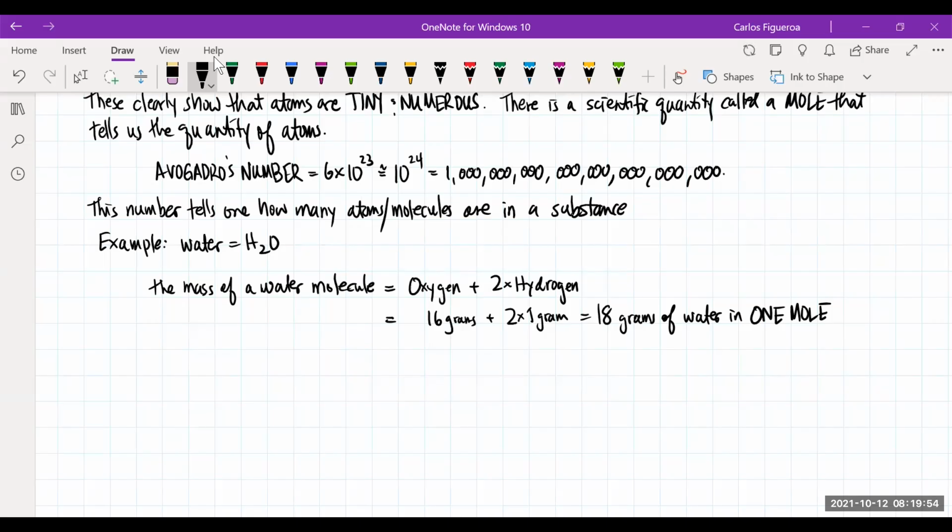Now remember, 1 mole has 10 to the 24 molecules. Now 18 grams, I'll tell you this. If I remember correctly, 18 grams is about an ounce of water.